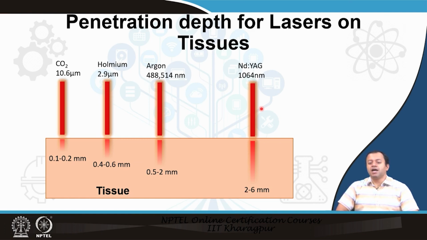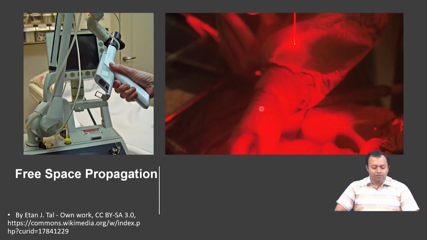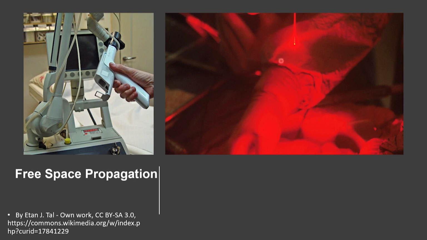And we need to understand how this light can be brought inside the human body or in close contact with the human body. So the first one is free space propagation. You basically bring a laser light very close to the human being. Say for example, some kind of a skin disease has happened. You apply some kind of a photoexciting ointment onto the skin.